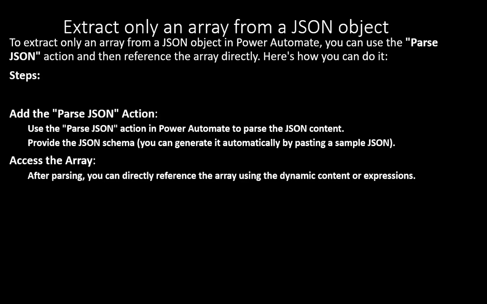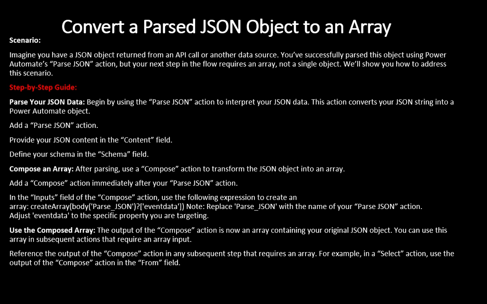Now coming to extracting only an array from a JSON object. To extract only an array from a JSON object, you can use Parse JSON. The Parse JSON action is very handy in parsing and getting the JSON value. You need to provide the correct JSON schema. So this is how you convert a JSON object to an array.